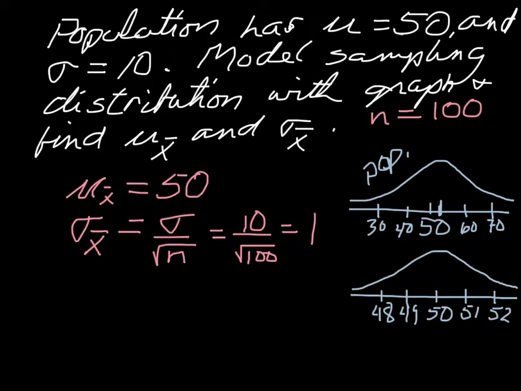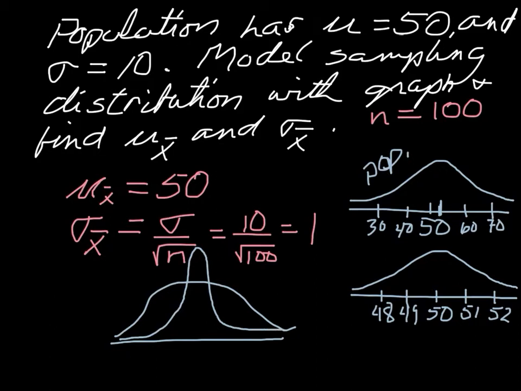Now if we put these together on the same graph, the population would look like that, but the sampling distribution would be much skinnier, much like our penny example that we finished yesterday.